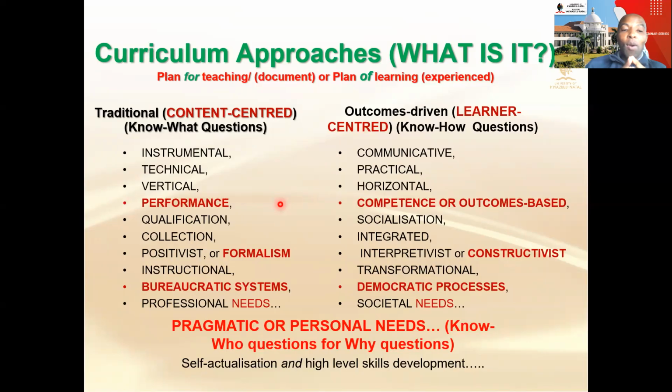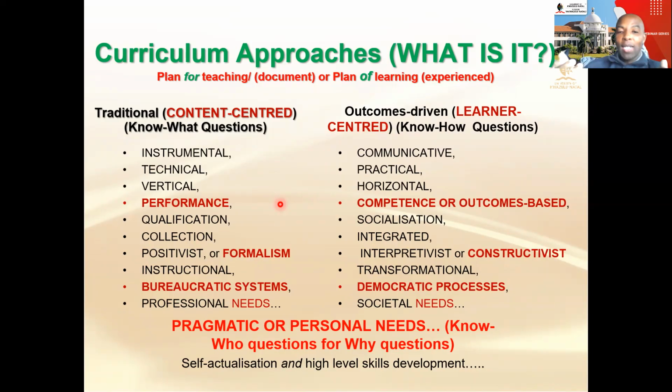So that one was designed for Black people in South Africa in 1658. But this one, the content-centered one, was designed for white people in South Africa. So that curriculum was divided into two. The one that is outcomes-based was about addressing the issue of how things are happening.